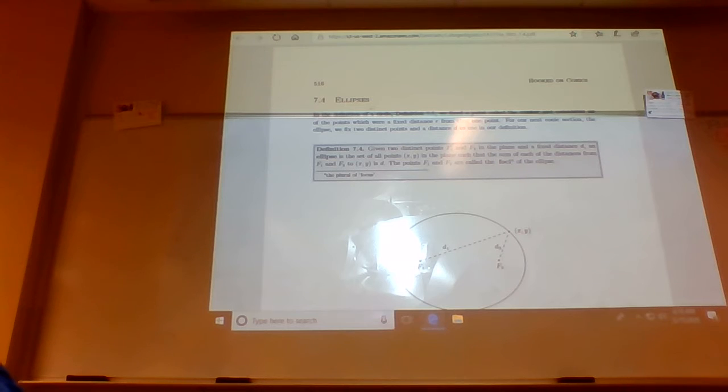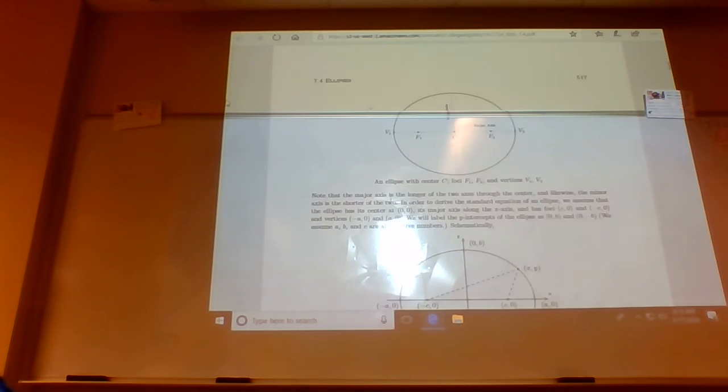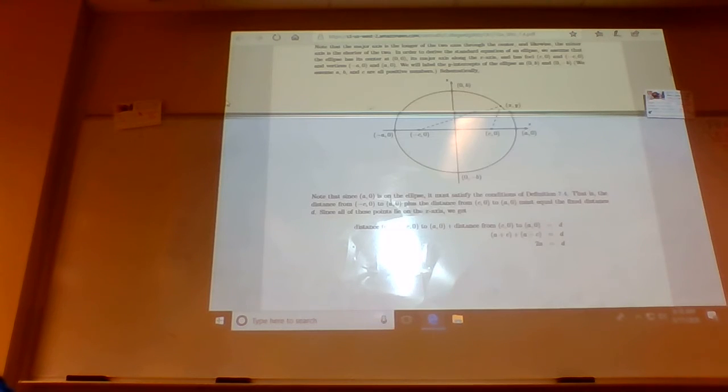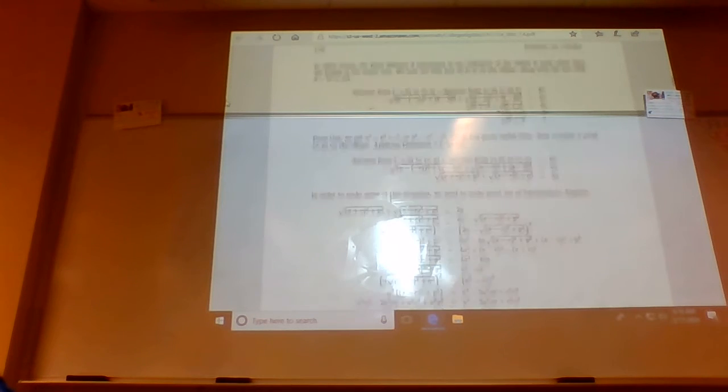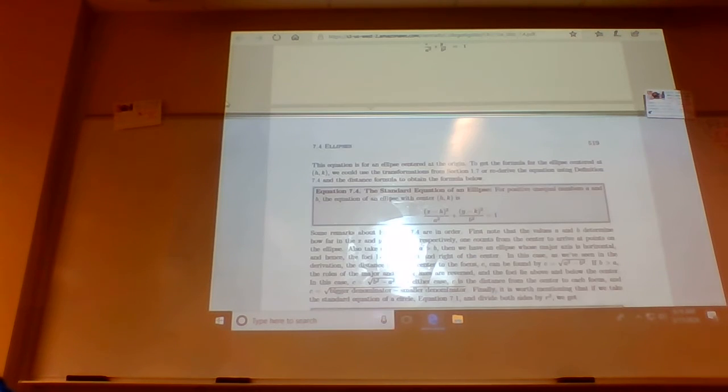Now, the question then becomes, how would I plot one? And so they need a formula. So we'll roll down here. Here's our formula. For positive unequal numbers a and b, the equation of the ellipse with center h comma k, where a and b are lengths of axes, is a little more involved.